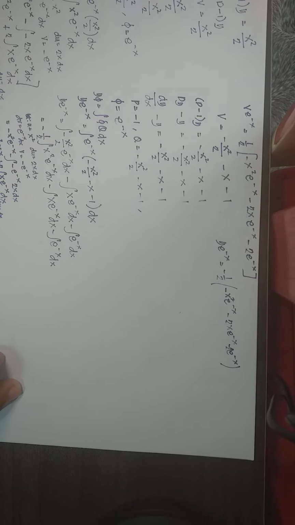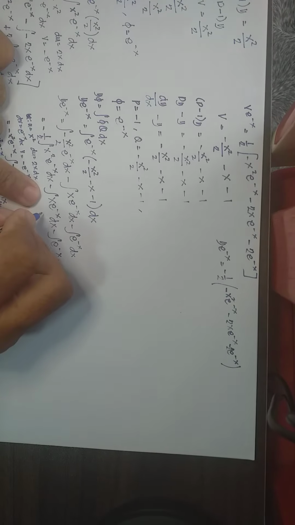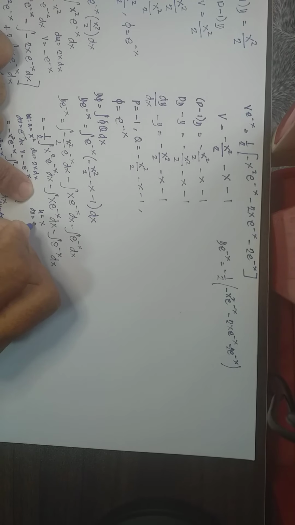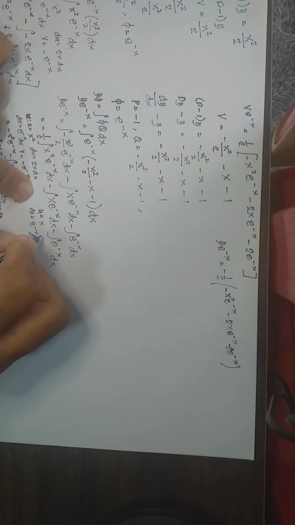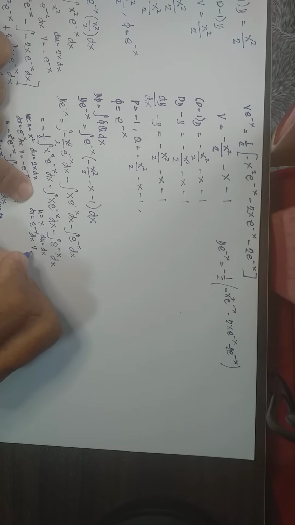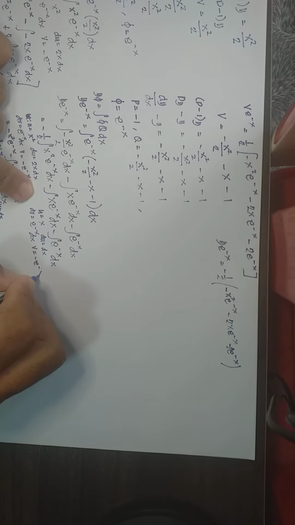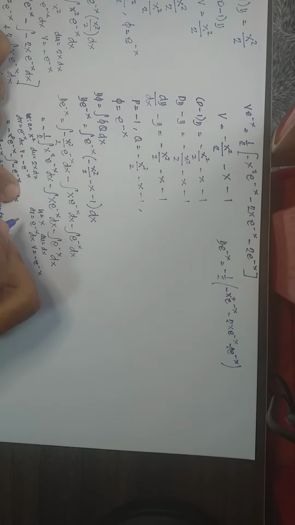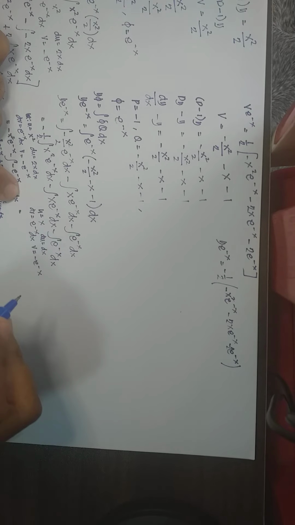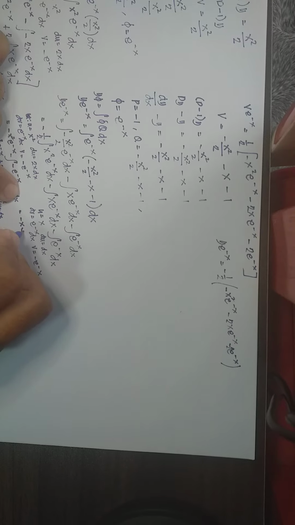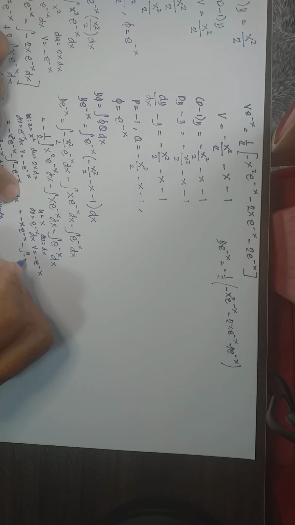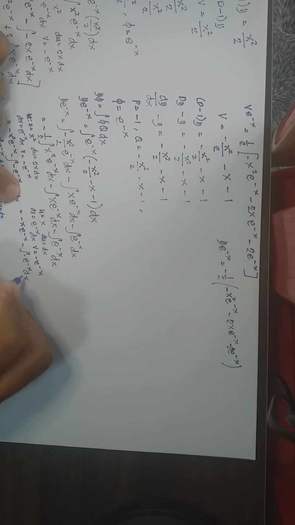Now, for the second term, your u is x. dv is e to the negative x dx. Your du is equal to dx. Your v is negative e to the negative x. So we have, for the second term, negative x e to the negative x minus the integral of negative e to the negative x dx.